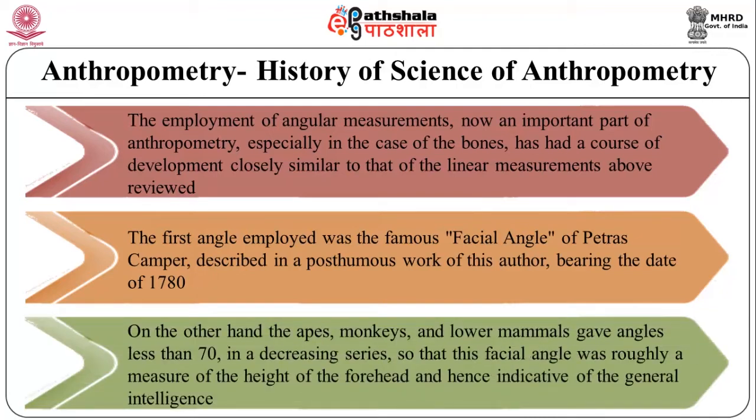On the other hand, the apes, monkeys, and lower mammals gave angles less than 70 degrees in a decreasing series, so that this facial angle was roughly a measure of the height of the forehead and hence indicative of the general intelligence.